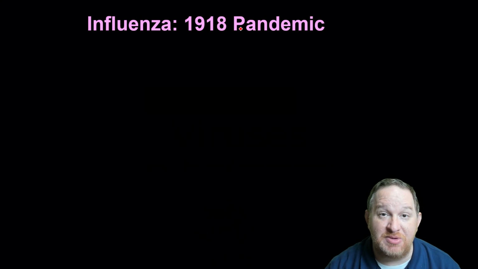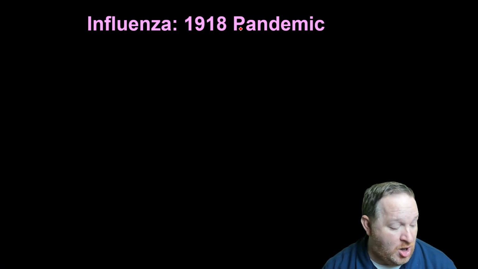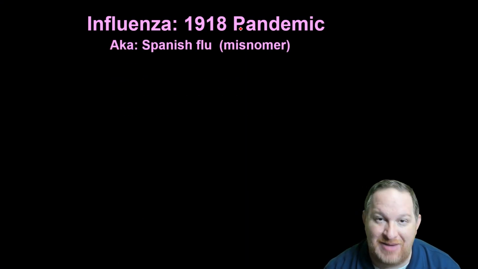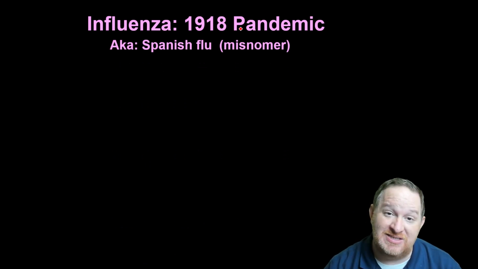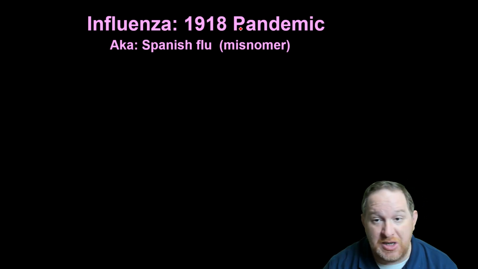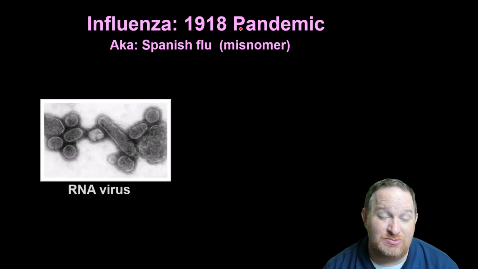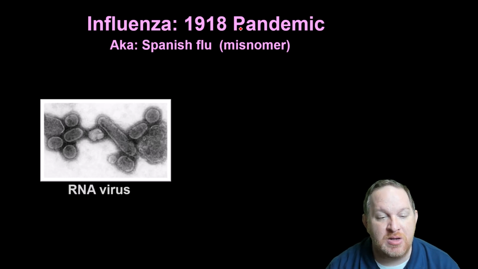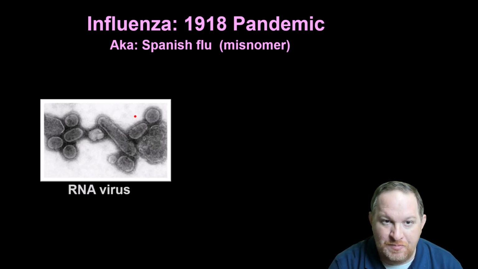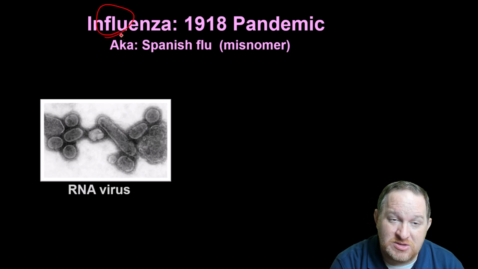So in addition to some of those viruses that I mentioned early on, one of the biggest pandemics of all time was the 1918 pandemic. You may have heard of it as the Spanish flu. That's actually a little bit of a misnomer because it didn't originate in Spain, like some people suggested. The Spanish flu and all flus are actually viruses.